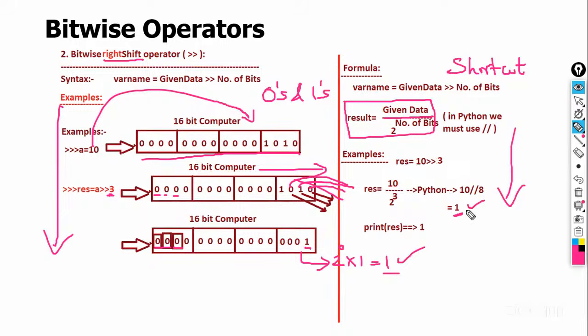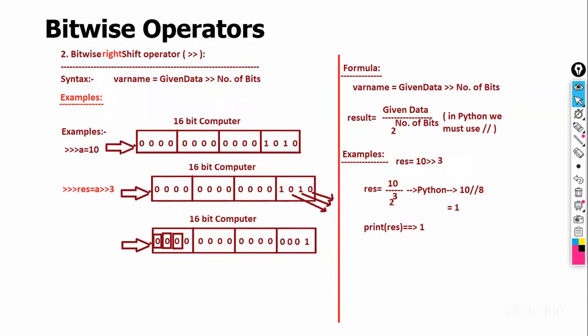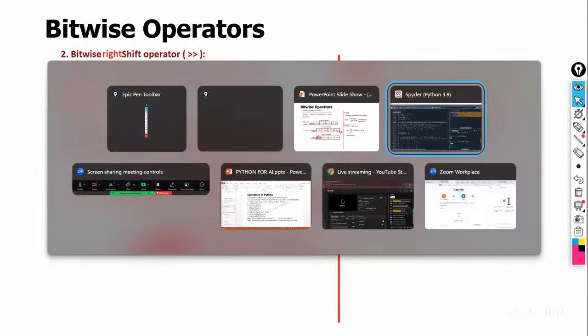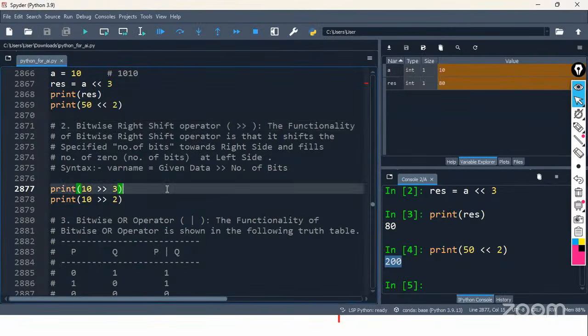I hope it's clear. If you understood the process, let us go and work out on examples. You guys have to respond now. What will be the output for line number 2877?